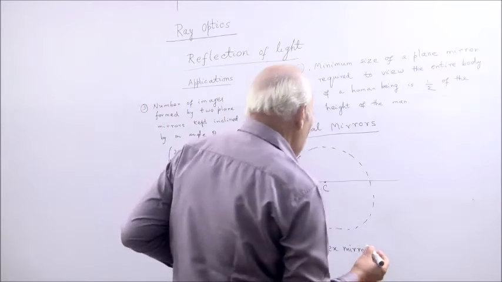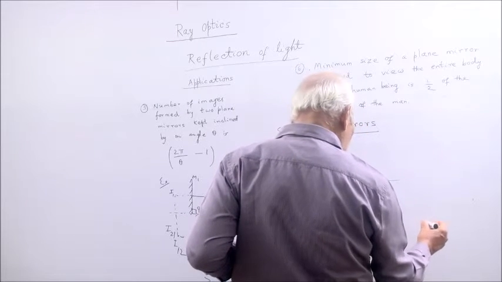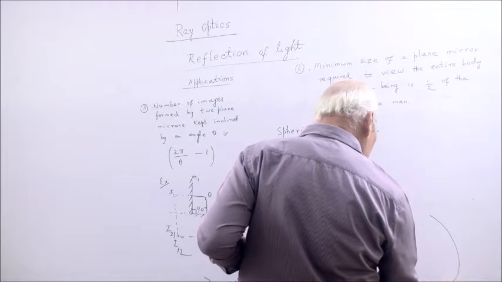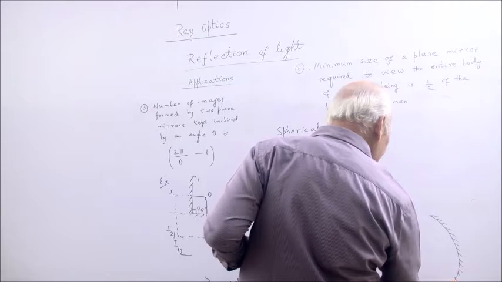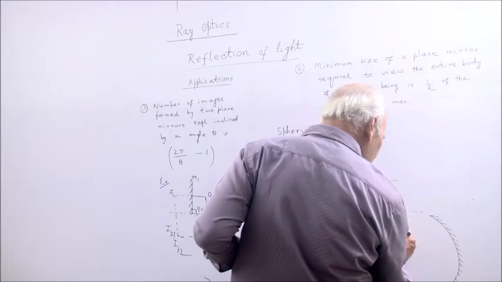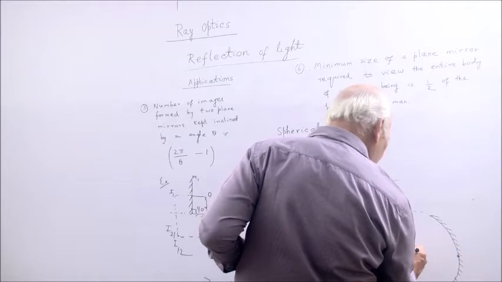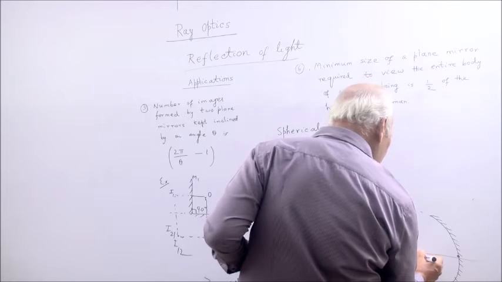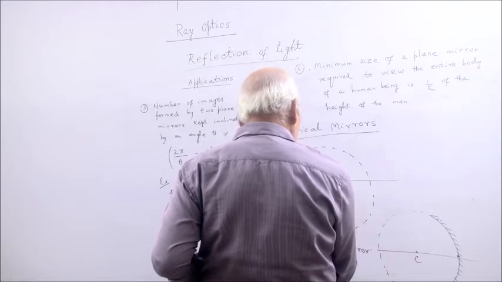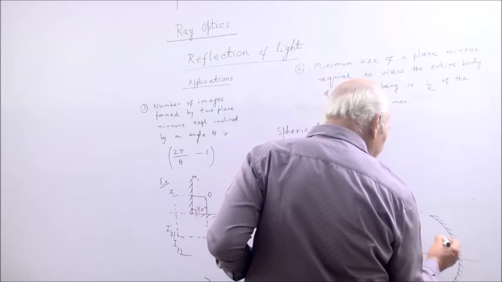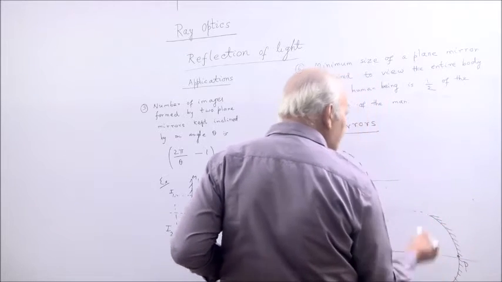And suppose you have the coating given like this, which is part of a sphere of center of curvature C and radius of curvature R. Then reflection will take place in the concave side.